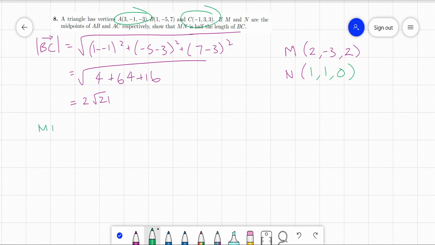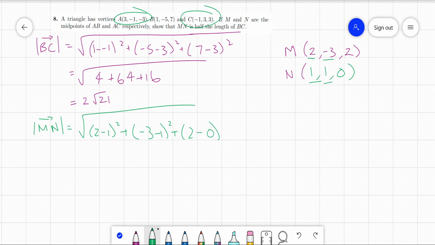So MN, distance. If we have a look at that. So we're doing 2 minus 1 squared, 2 minus 1 squared, minus 3 minus 1 squared, and 2 minus 0 squared. So what have we got there? A 1, a 16, and a 4.